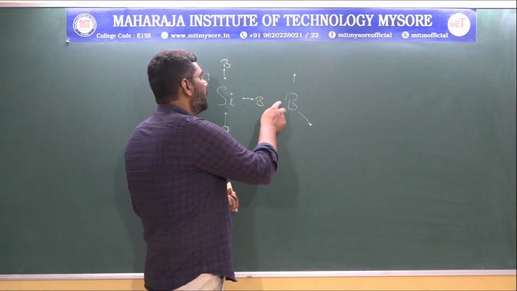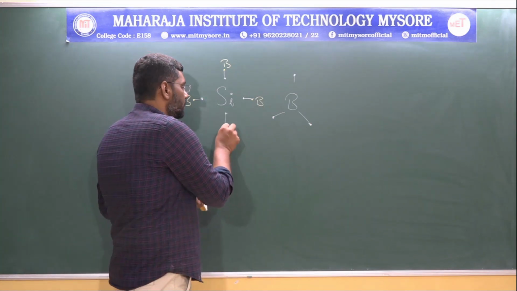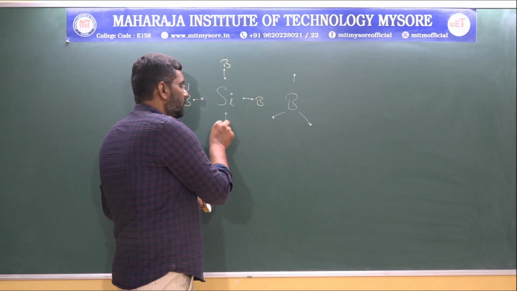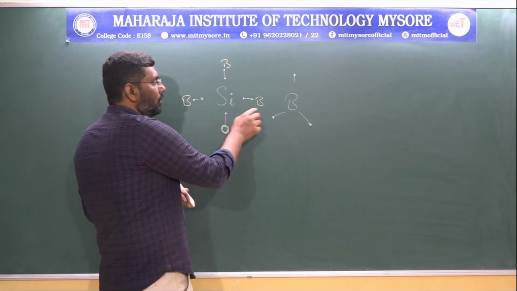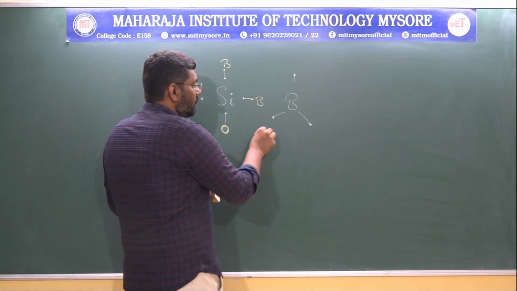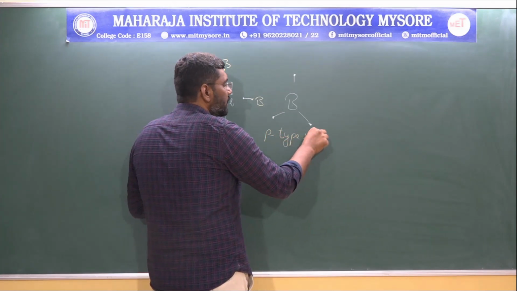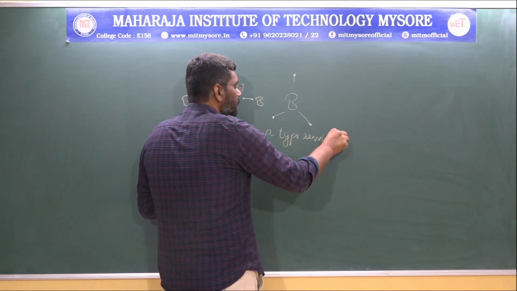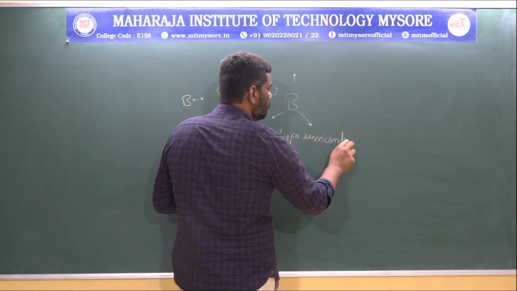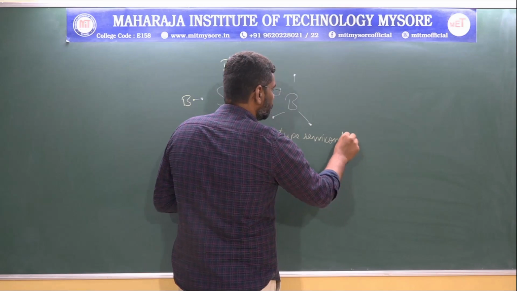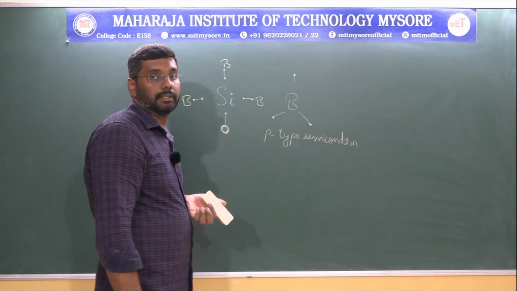So when a trivalent atom is combined with silicon, or tetravalent, a hole is created here, and hence when boron is doped with silicon, we call this particular material p-type silicon, a p-type semiconductor.